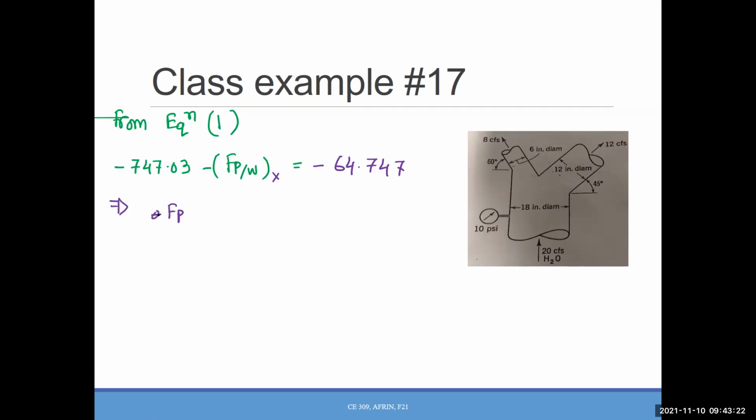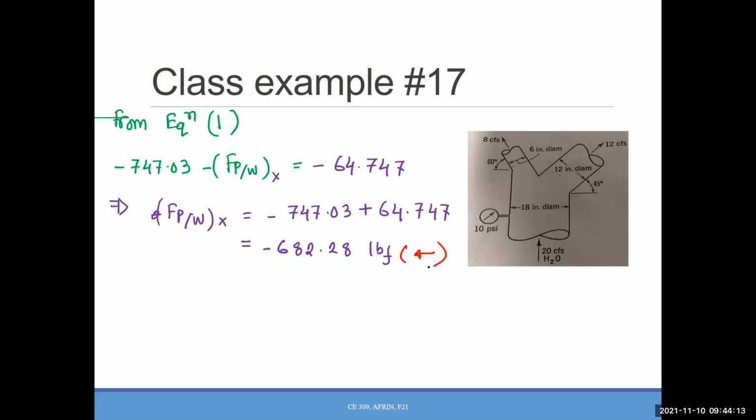So if we check that on this side, okay, what is the answer right now? 682.28 or something like that, right? Now, negative means our initial direction assumption was wrong. We considered that the force will act in this way, but that is not correct because we are getting the negative sign. So that was our initial direction, right?